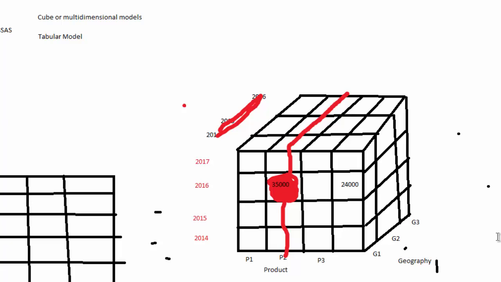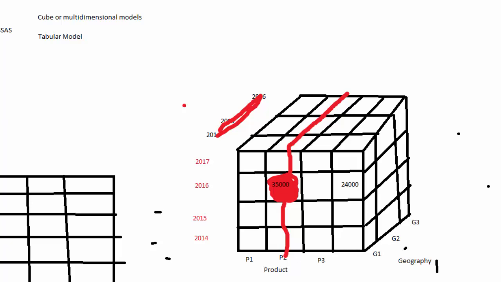But the problem is, businesses will not be having only 3 dimensions. They will be having many dimensions. For example, the sales amount for product P2 in the year 2016 for the geography G1, and by the salesperson S1, by the customer C1, and so on.